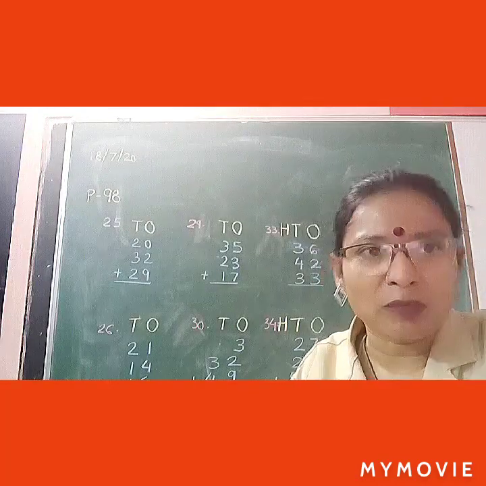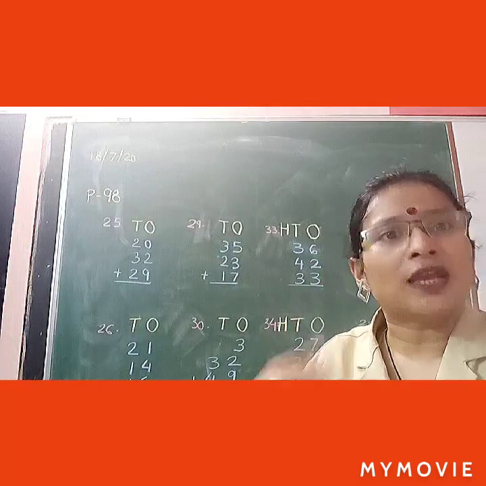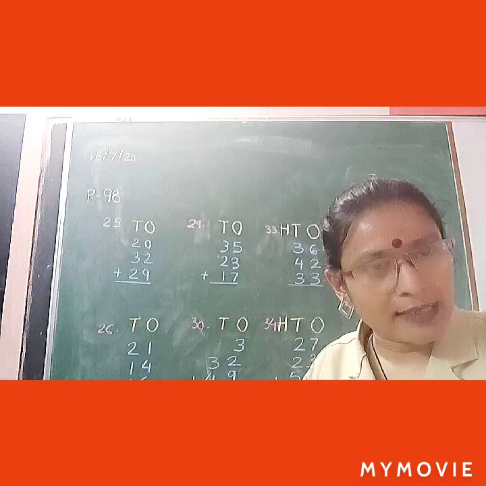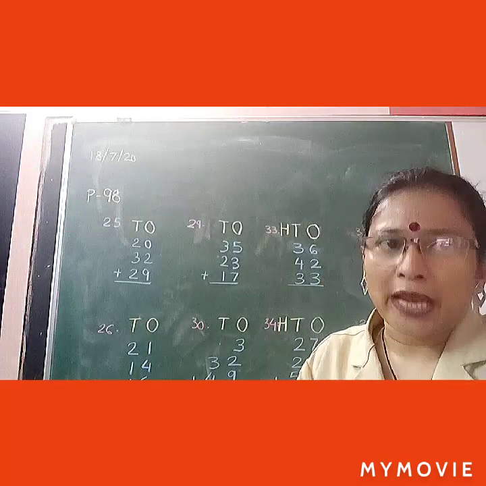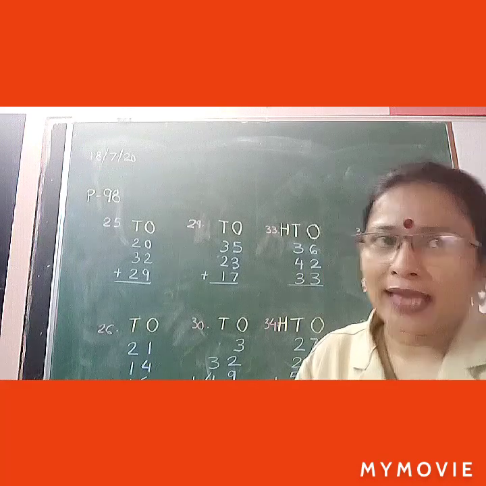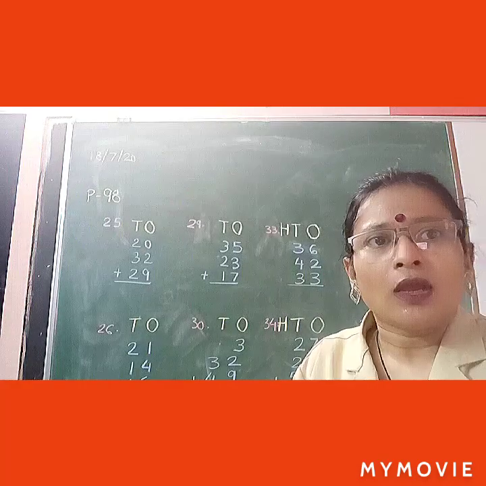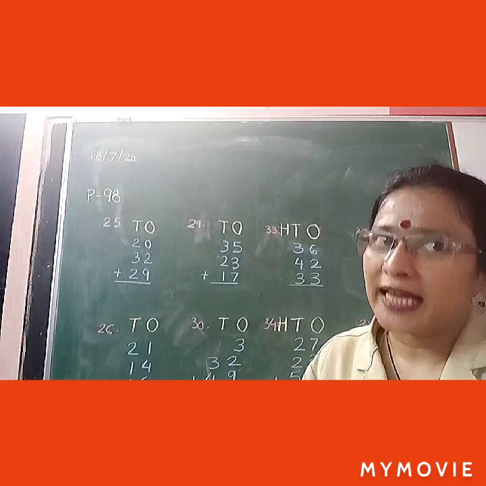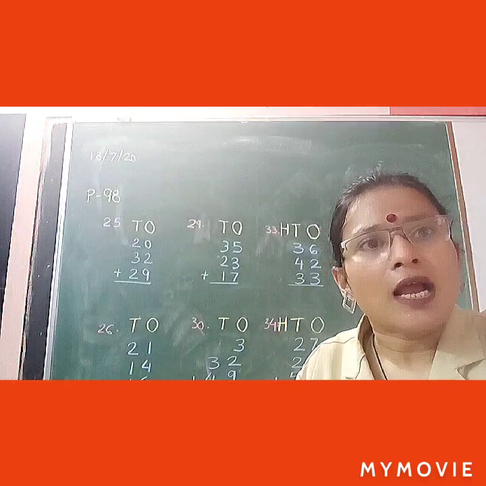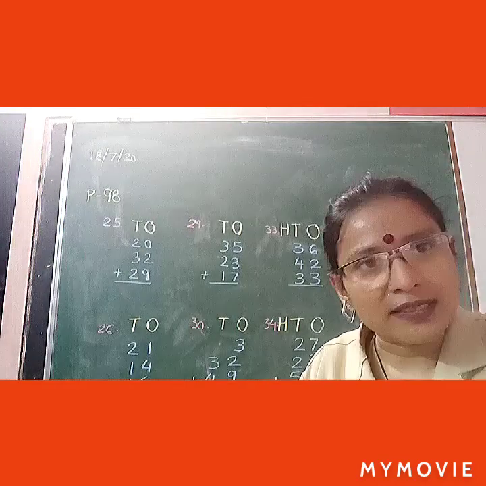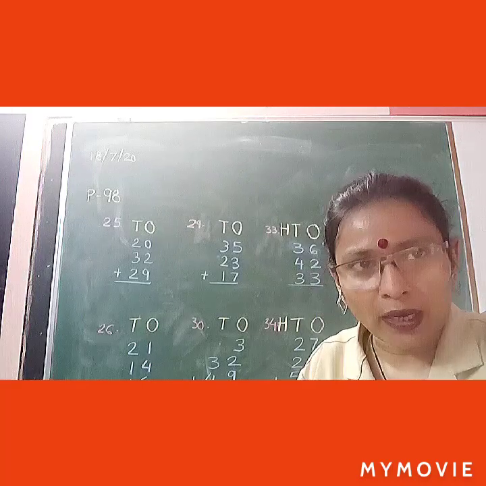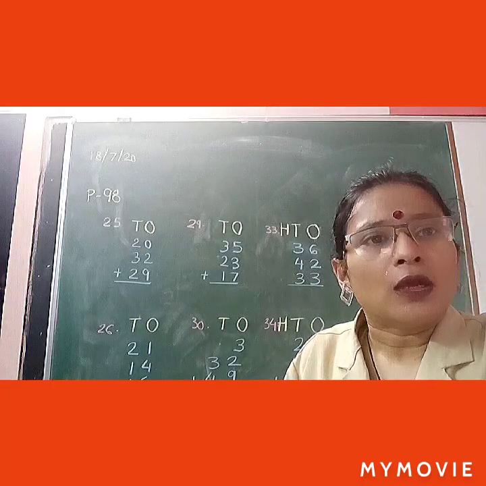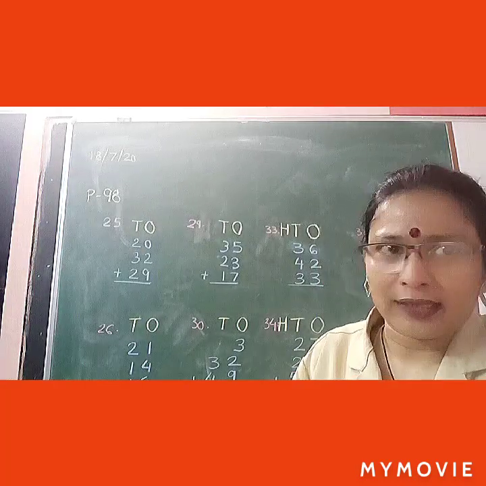There is a reason behind it because difficulty level is increasing. So I have thought to take difficult sums also and easy sums also. So I have selected some of the sums according to its difficulty level. Okay, we will do it together.